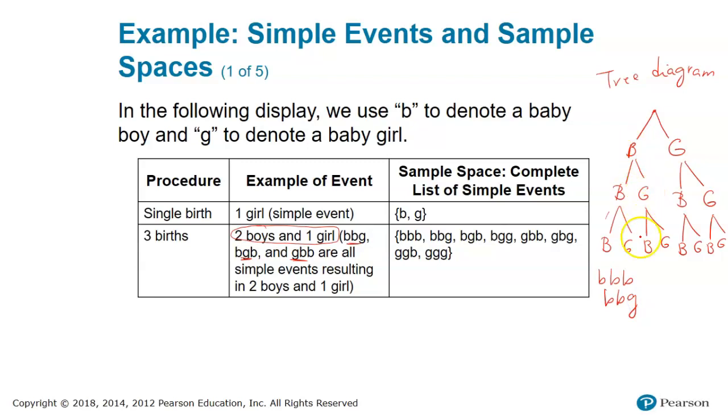And then we'd have boy, girl, boy, and boy, girl, girl. And then we could do girl, boy, boy, moving on to the second side of the tree. Then we'll have girl, boy, girl, girl, girl, boy, and finally girl, girl, girl. So the tree diagram is a way to kind of give us an overview, a graphic organizer, so to speak, for listing out our sample space.